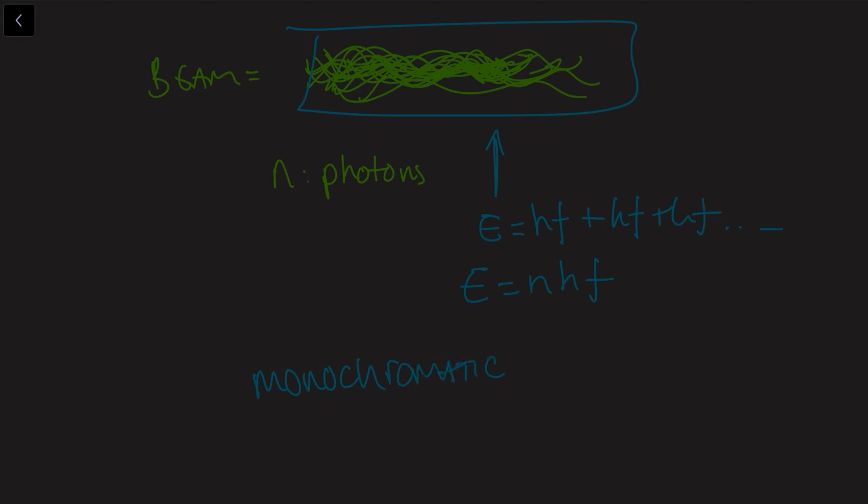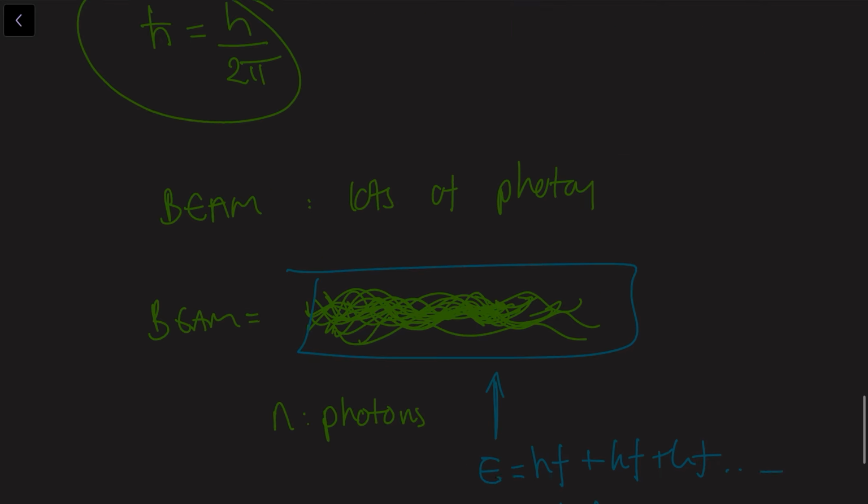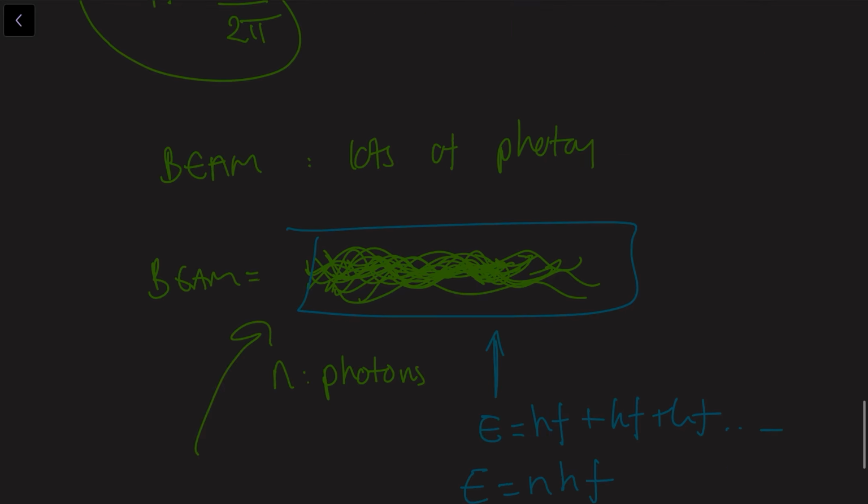So that basically means the same wavelength. Okay, so we know that energy will equal nhf, where n is just the number of photons. So that is your energy within your beam.